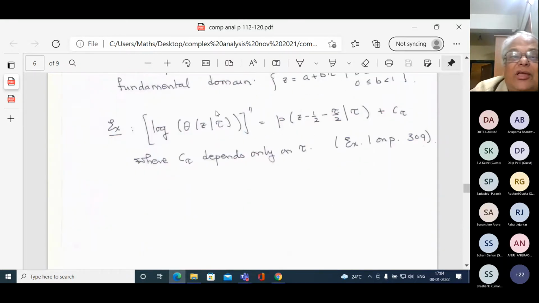And therefore, this thing is equal to this up to a certain constant. So this is a connection between theta functions and the Weierstrass P function. All these things are closely related to each other.